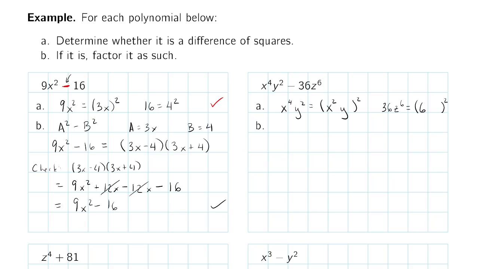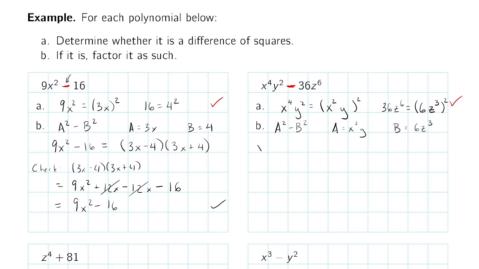What number do we double to get the sixth power? Well, 3. 6z to the third, if we square it, we get 6 squared is 36. Z to the power 3 times 2 is 6. And finally, we see that this is subtraction, so this is a difference of squares. We'll have a squared minus b squared, where a is x squared y, and b is 6z to the third.